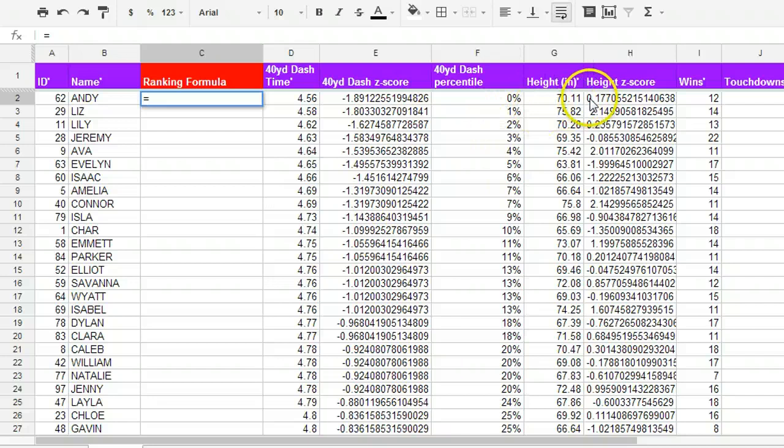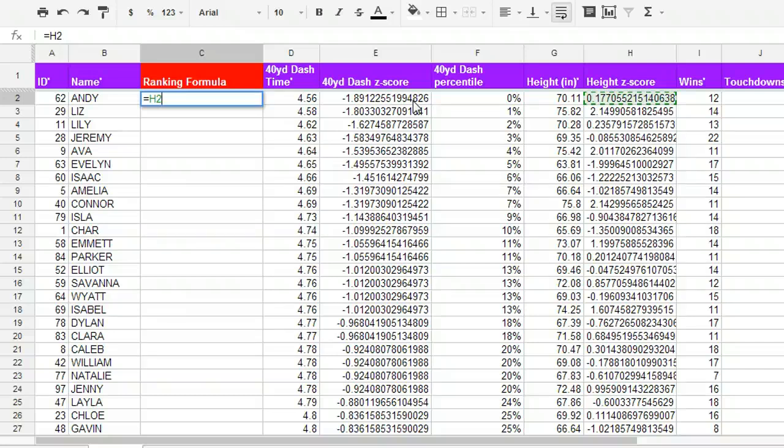I want someone on my Ultimate Frisbee team, in this case, who has a high z-score of height. I want someone who's very tall. So I'm going to take their z-score and I'm just going to click on this person's z-score. However, 40-yard dash time, I want it to be very low. So I want someone who's below average with their 40-yard dash time, because below average means lower time.